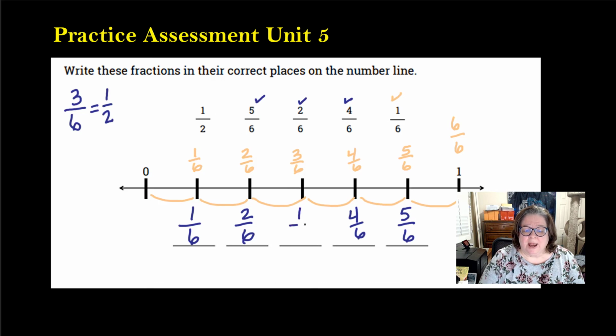So 1/2 would go right here. And you can kind of tell visually. You can say, oh, that's halfway, and that's halfway there. 3/6 is an equivalent fraction to 1/2. And so there we go. We have all of them marked. Don't let that fool you. 3/6 is a half.